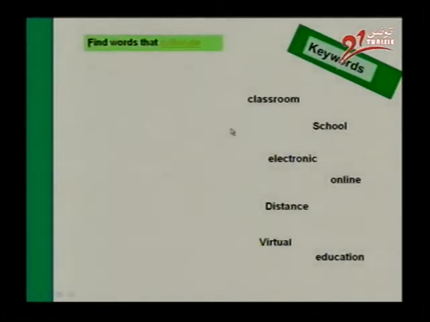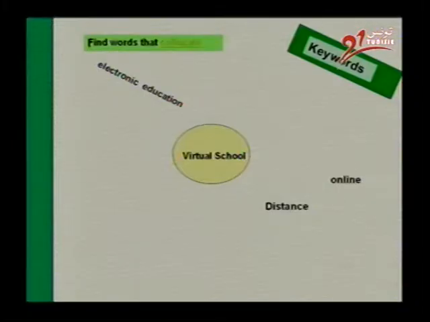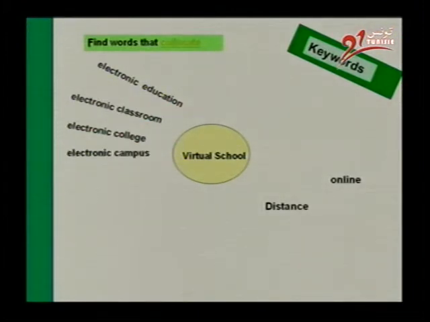Right. Maybe you've heard a lot these days about the first collocation, which is virtual school. In addition to virtual school, we can find many concepts related to this networking learning environment, such as electronic education, electronic classroom, electronic college, electronic campus.